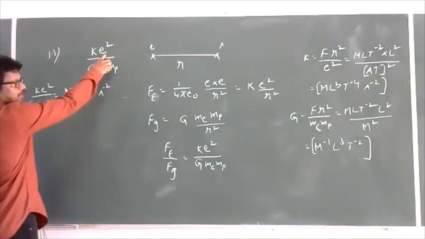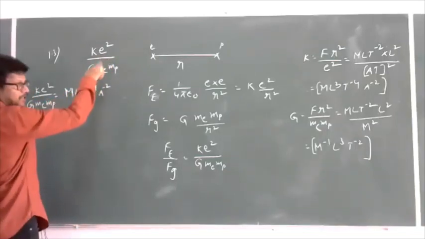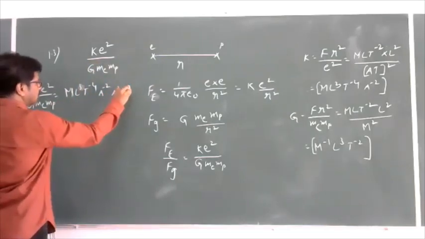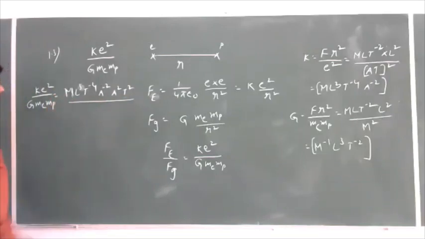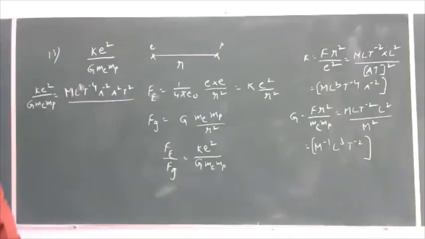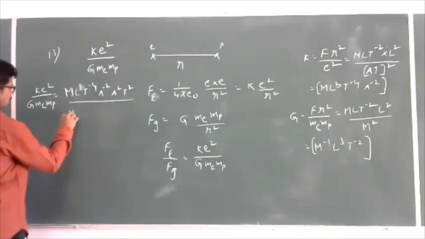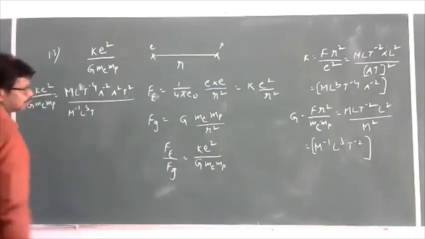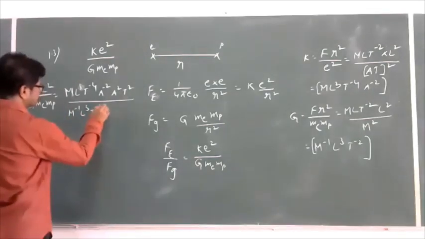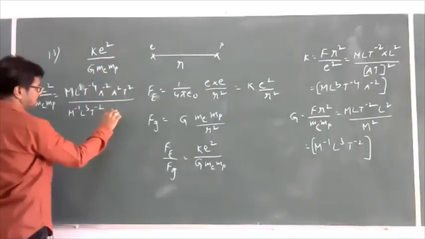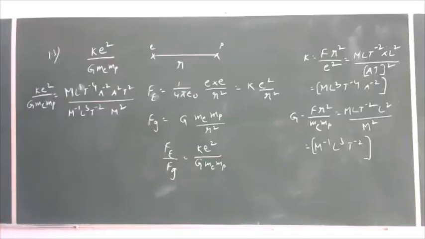E is nothing but a charge. Charge is nothing but (AT) whole square, A square T square, divided by G, whose dimensional formula we just got, M to the power of minus 1 L cube T to the power of minus 2. M is the mass, here is also mass, so we are going to have M square.